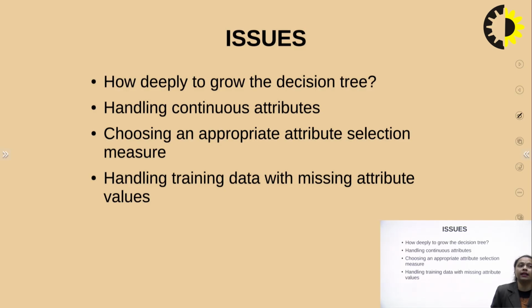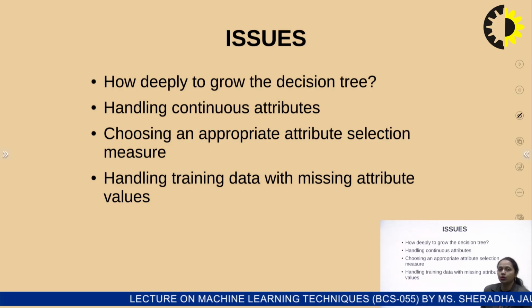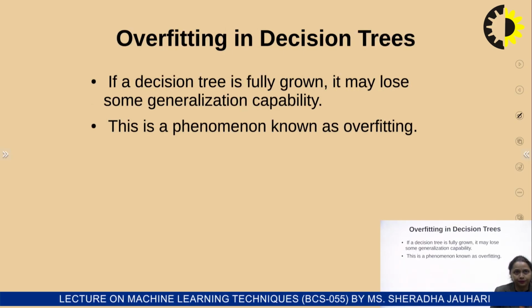Next issue is choosing an appropriate attribute selection measure, meaning how to select an appropriate attribute within the decision tree. And last is handling training data with missing attributes, meaning whenever we do not have properly labeled data, or some data has missing attributes, in that case also we find difficulty.